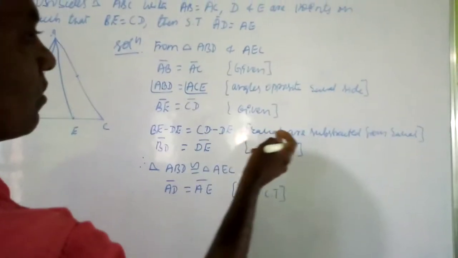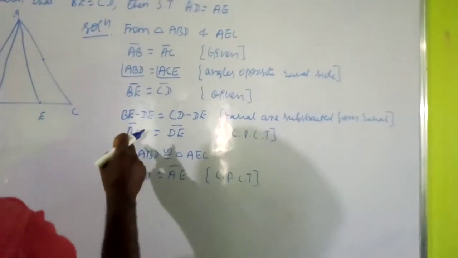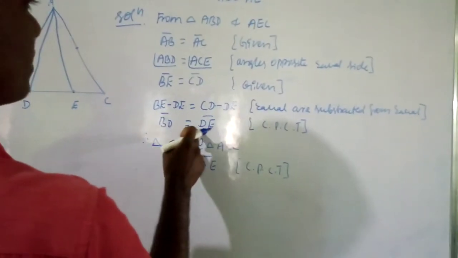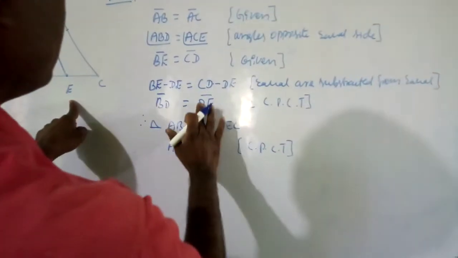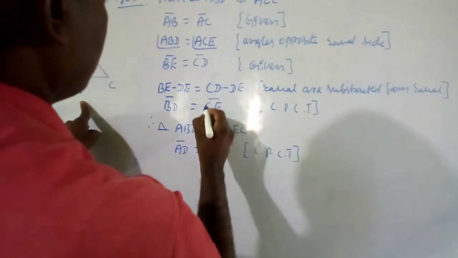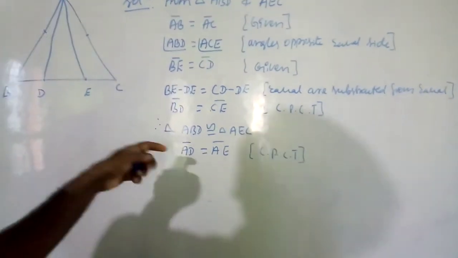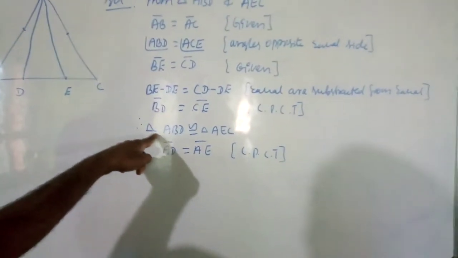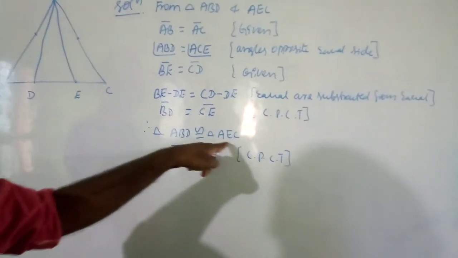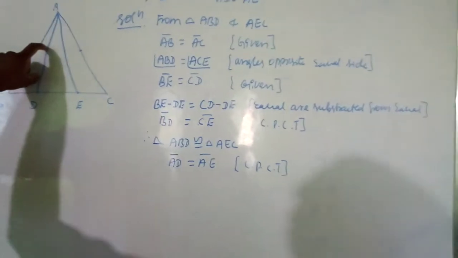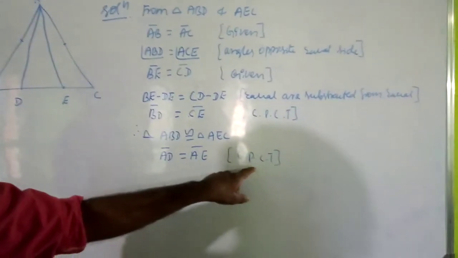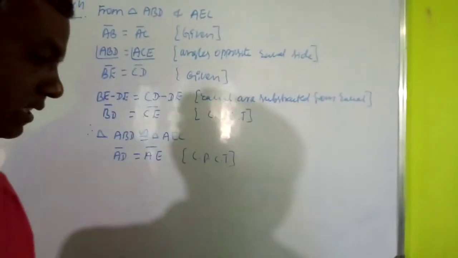Okay, so equals subtracted from equals, then BD is equal to, sorry, it is CE. Now next, triangle ABD is congruent to triangle AEC. So due to that, AD is equal to AE, by corresponding parts of congruent triangles.